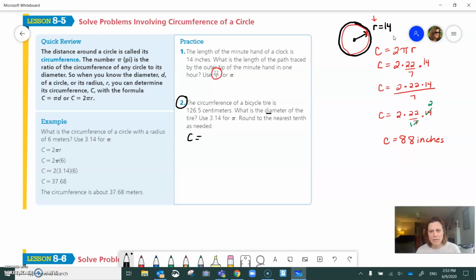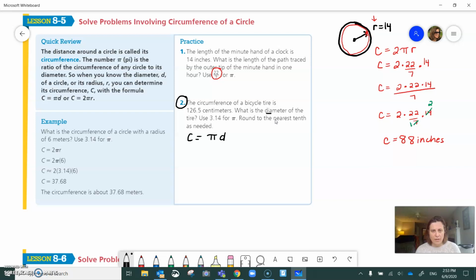So let's use the formula of circumference that is pi d. Remember, pi times d is exactly the same as 2 times pi times r, because d is essentially r times 2. Okay, so those are the same formulas.